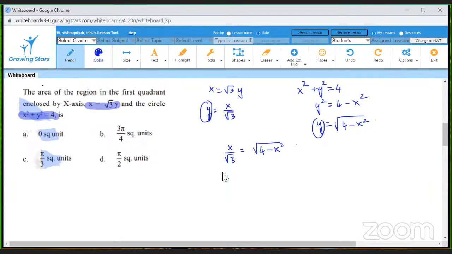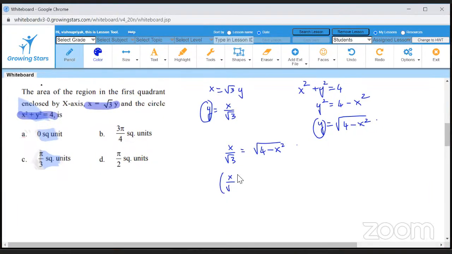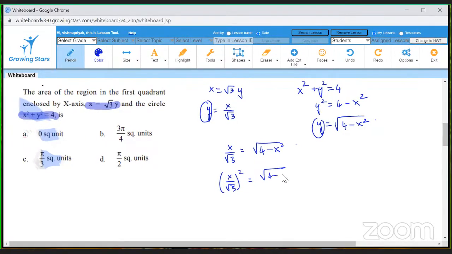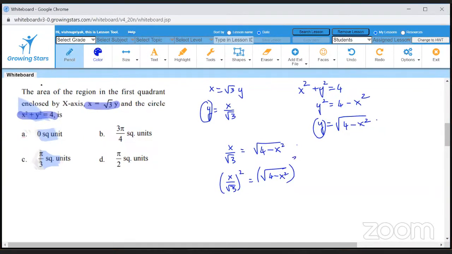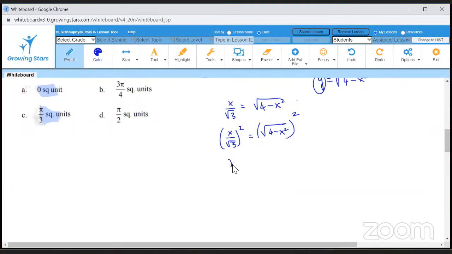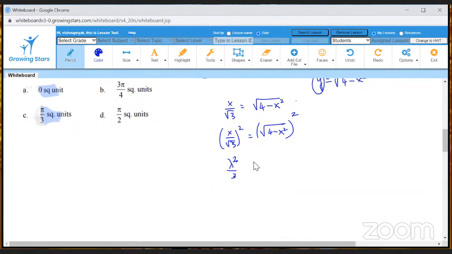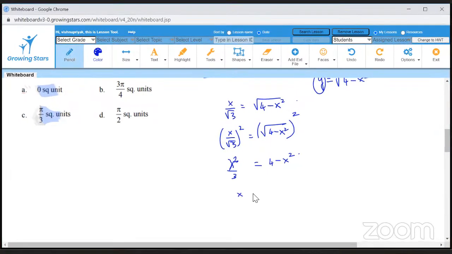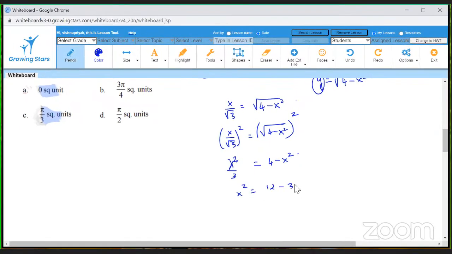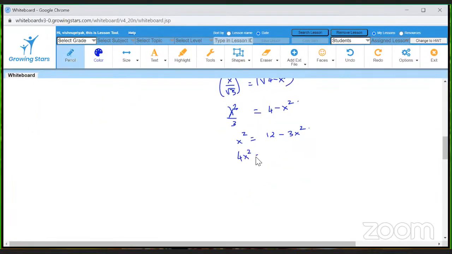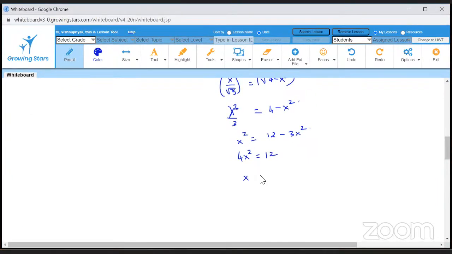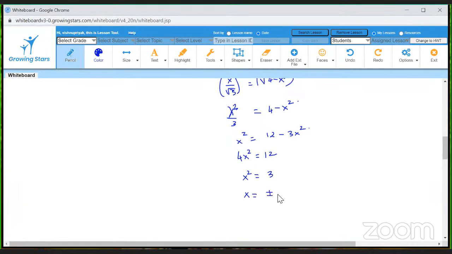When you square both the sides to remove the square root and solve for x, that is your first rule. So what you will have, x squared by 3 equal to 4 minus x squared. x squared equal to 12 minus 3x squared. 4x squared is 12, x squared is 3, x is plus or minus root 3.